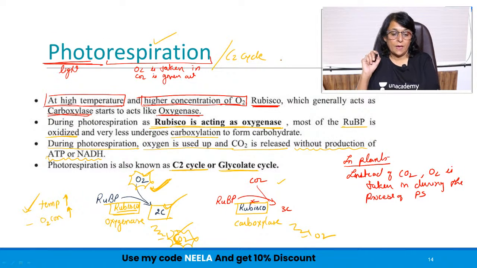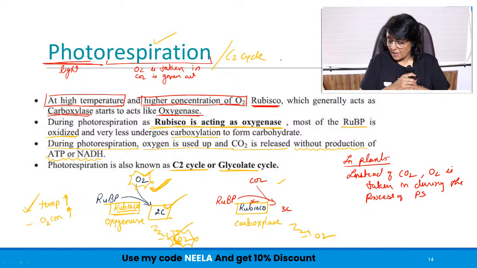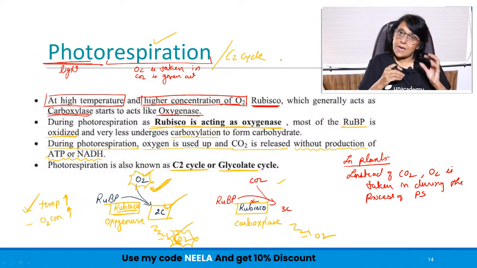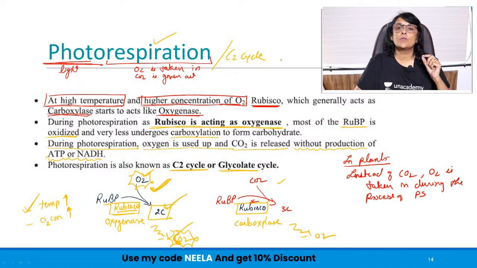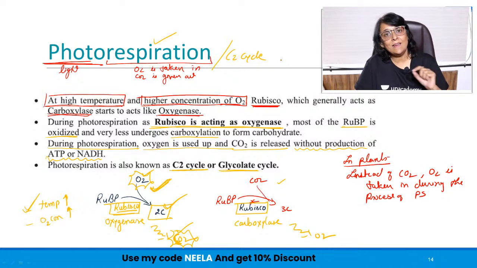All right, so is the photorespiration part clear? What is happening in photorespiration? In photorespiration, instead of carbon dioxide, oxygen is taken in. The molecule which takes it is the same, RuBP. In the original case, RuBP undergoes carboxylation in the presence of Rubisco, which is acting as carboxylase.